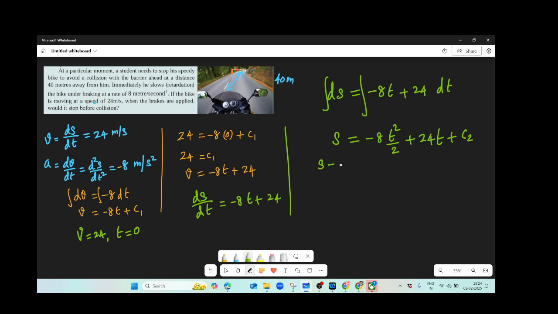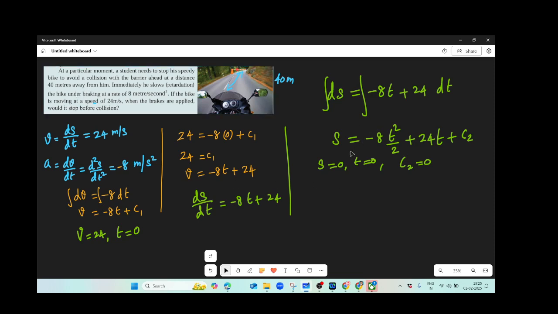So s equal to 0 at t equal to 0. If you substitute here, everything becomes 0, c2 also 0. So that is how we find the constant c2.